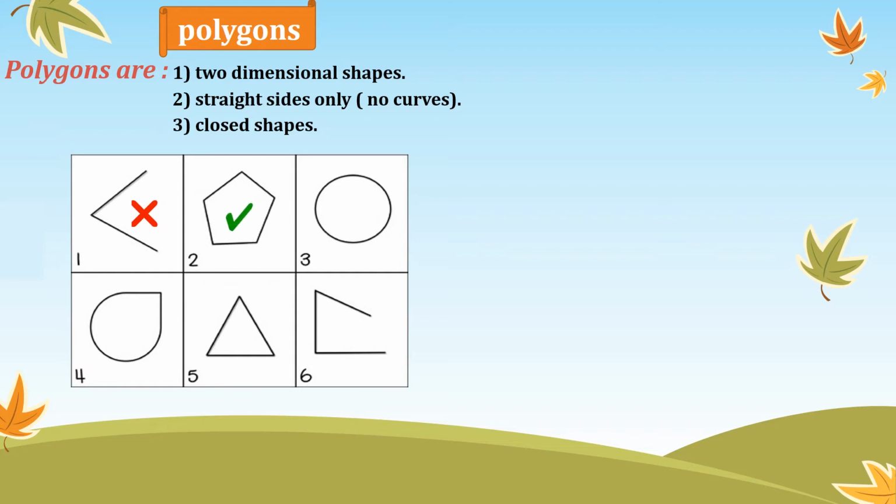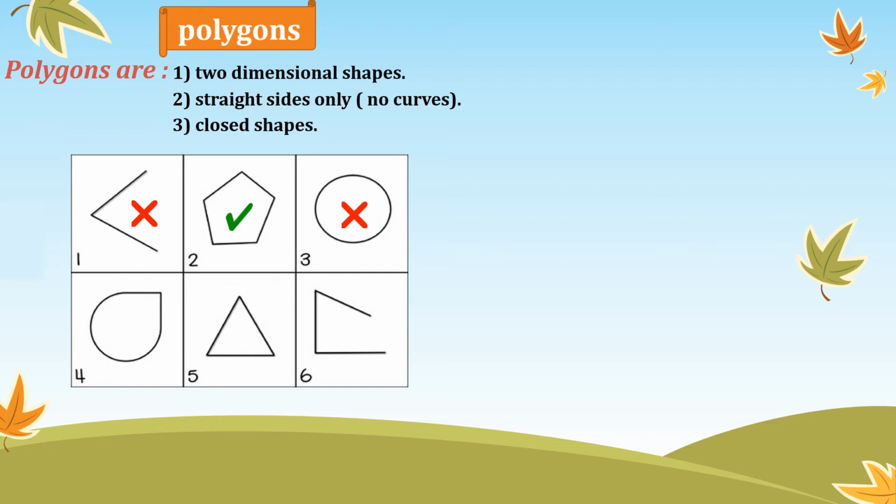Number 3, is it a polygon or not? No, it's not a polygon. Why? Because it's curved. It's not a shape that has straight sides. Number 4, is it a polygon or not?